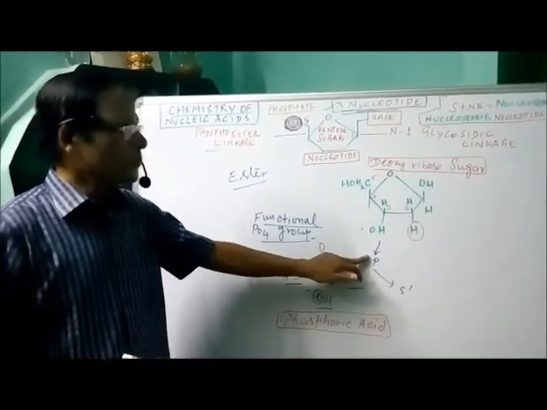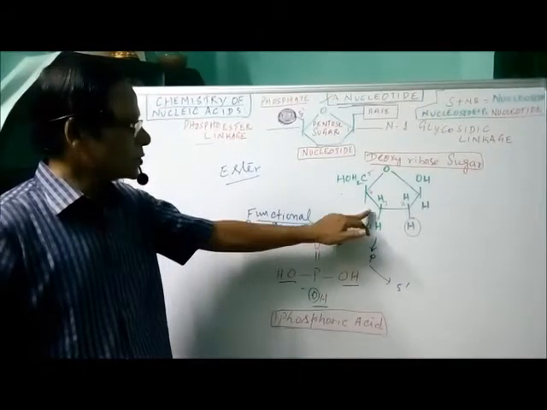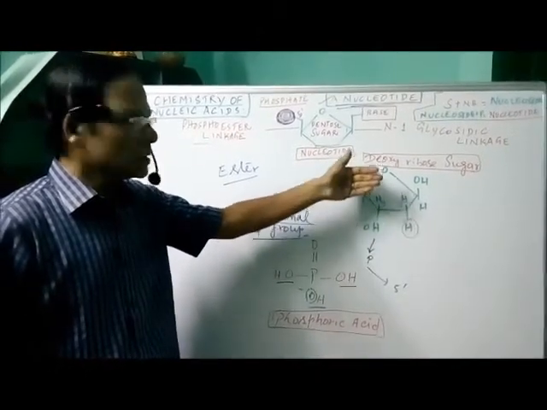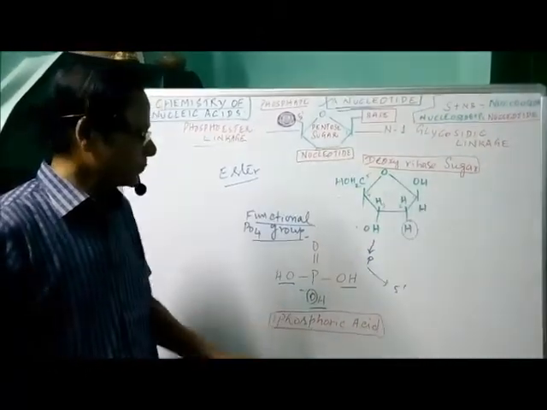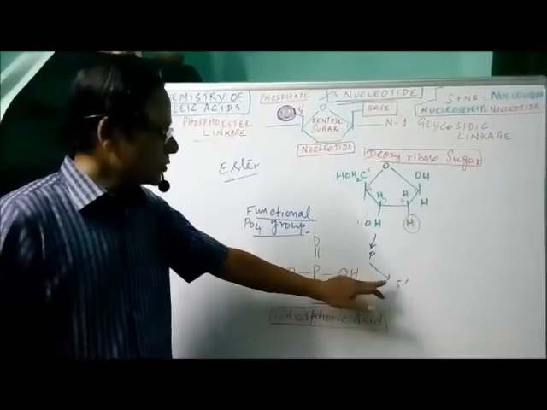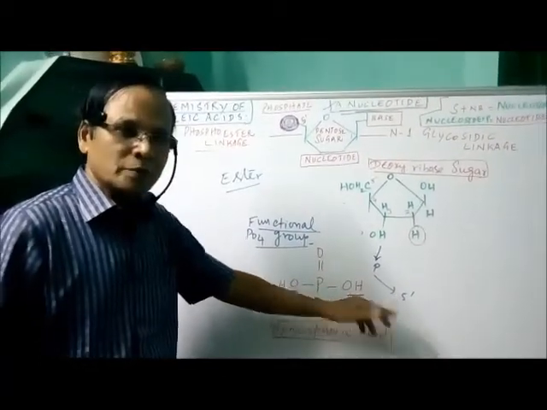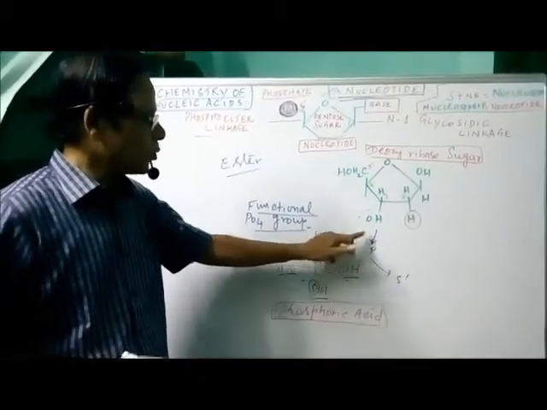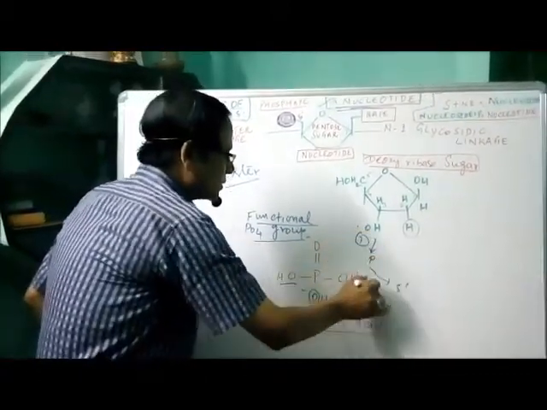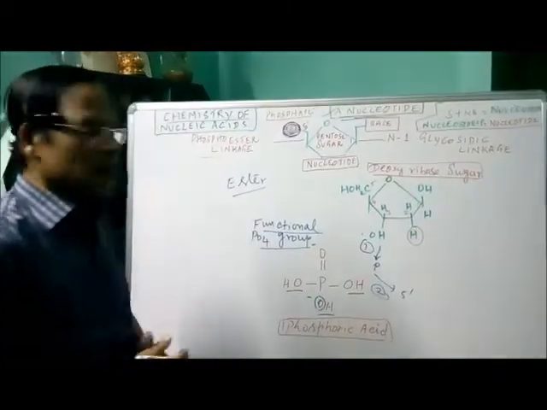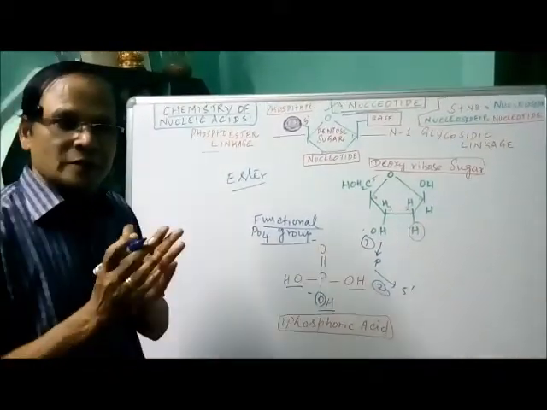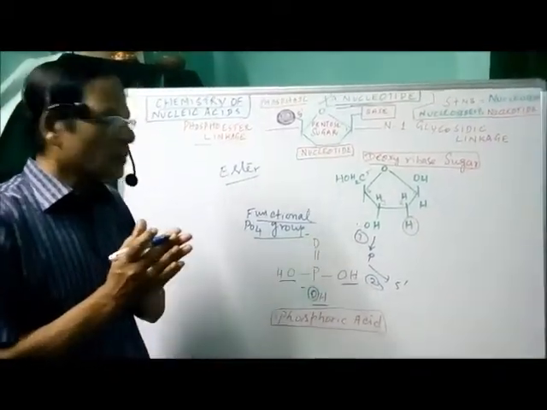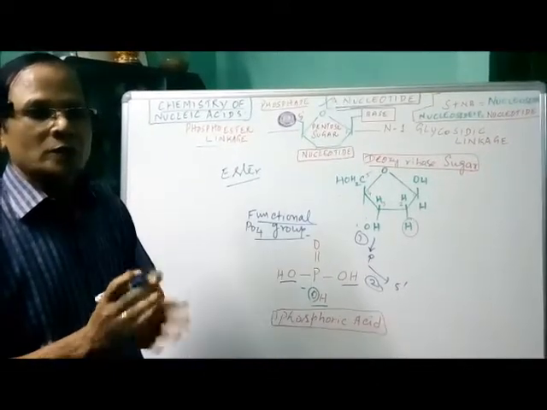It is between the phosphate group and the hydroxyl group of the third carbon of the preceding sugar, and with the hydroxyl group of the fifth carbon of the succeeding sugar. So we have 2 ester bonds. That's fine. The adjacent nucleotides are connected with one another by the phosphodiester bond.